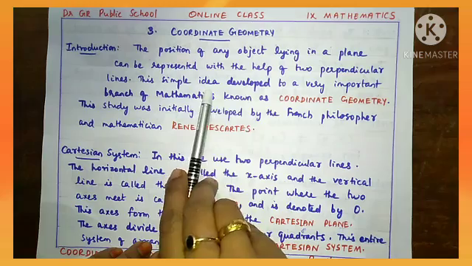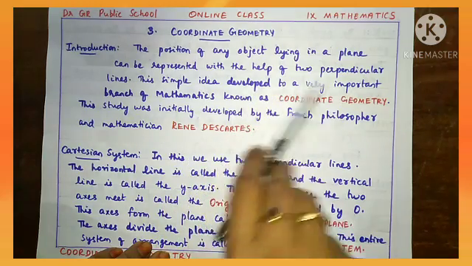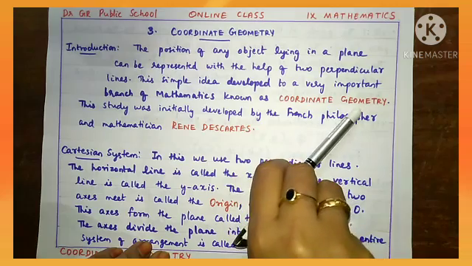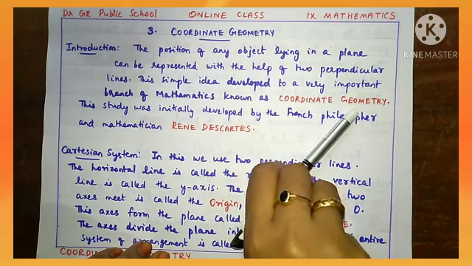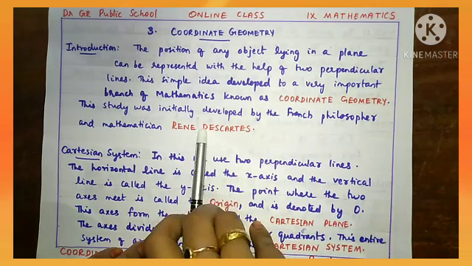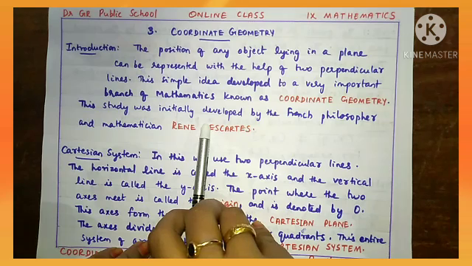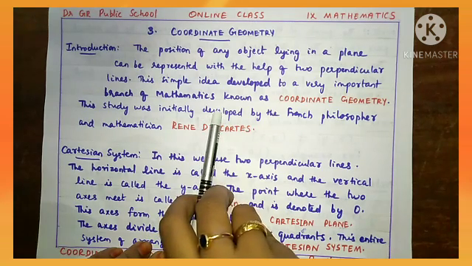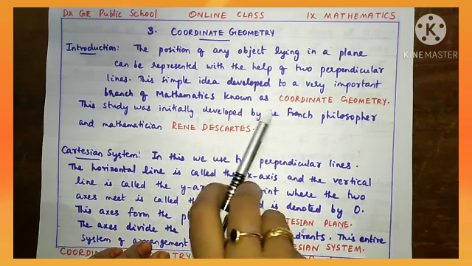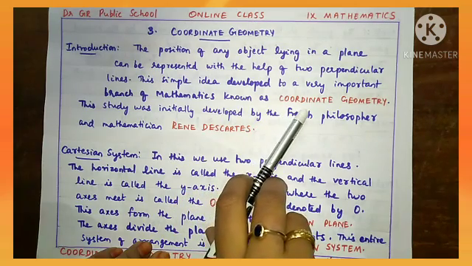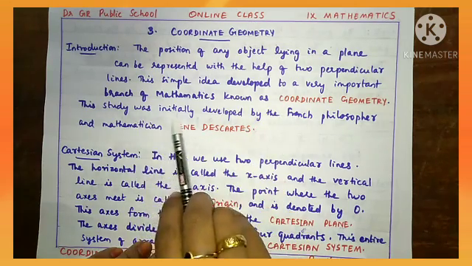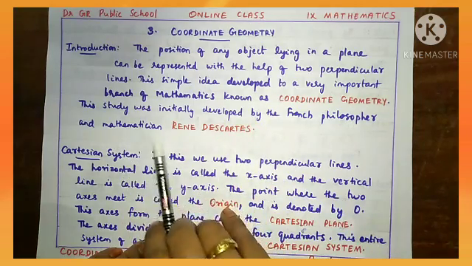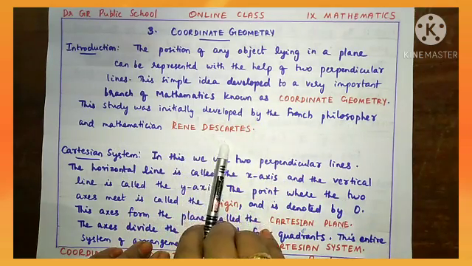This simple idea developed into a very important branch of mathematics known as coordinate geometry. Okay, children, so we can determine the position of any object using these perpendicular axes, and that study is called coordinate geometry. This study was initially developed by the French philosopher and mathematician René Descartes.